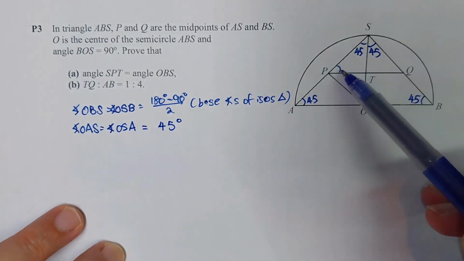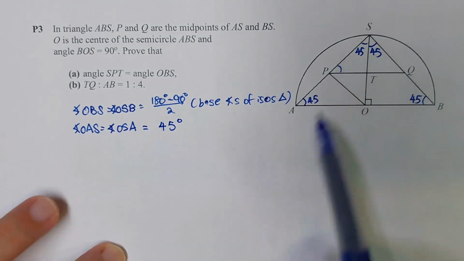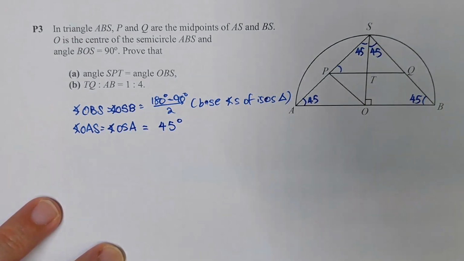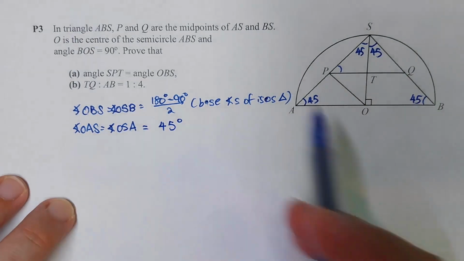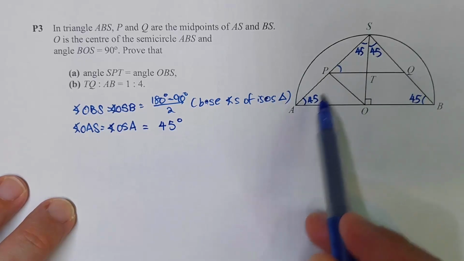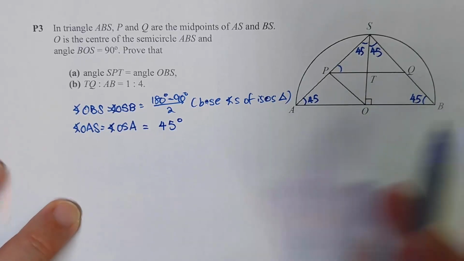So we need to show that this angle is also 45. And yes, we will use the midpoint theorem because the midpoint theorem can help us to say that PQ is parallel to AB.